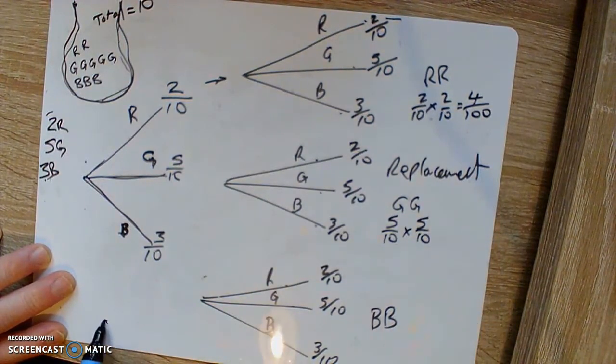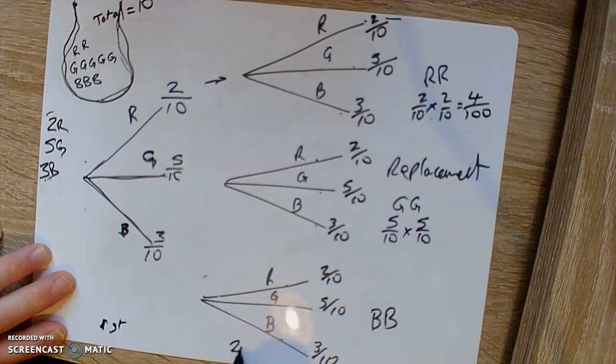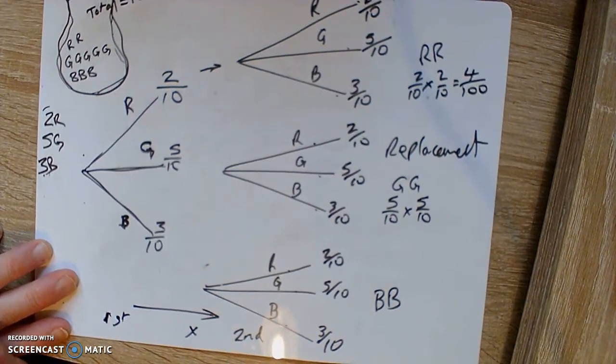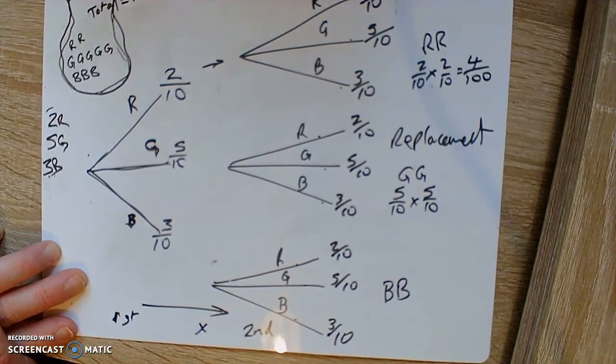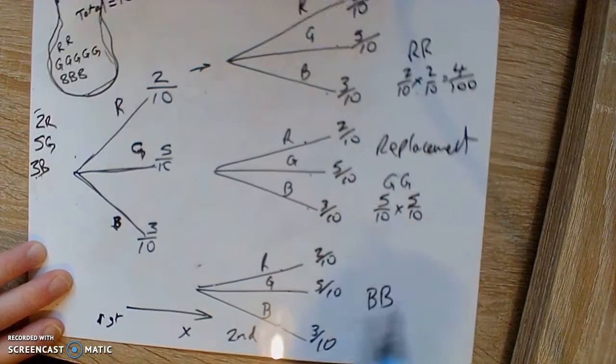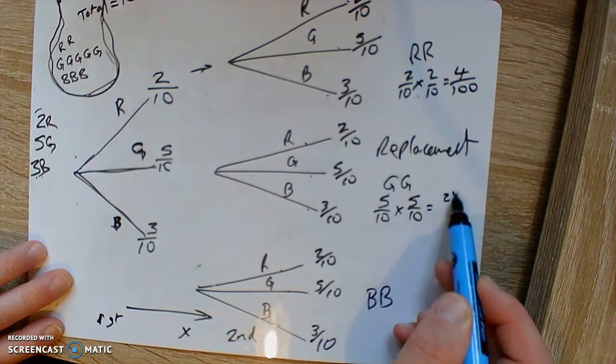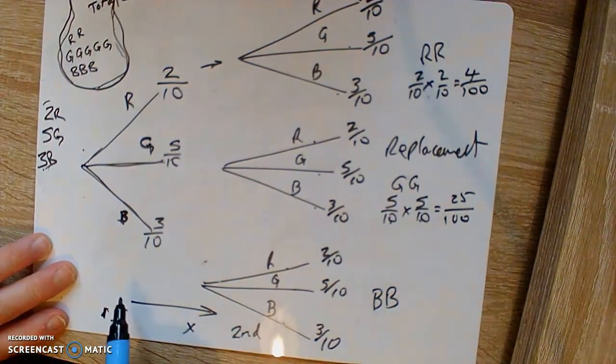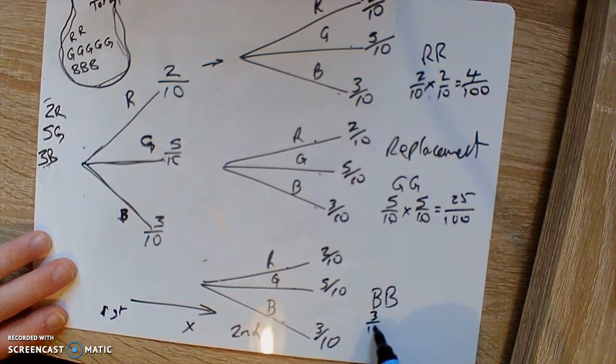So if we're going from the first event to the second event, we times them across. So 5 times 5 gives me 25. 10 times 10 gives me 100. And on this one I've got 3 out of 10 and 3 out of 10. So 3 out of 10 times 3 out of 10 gives me 9 out of 100.